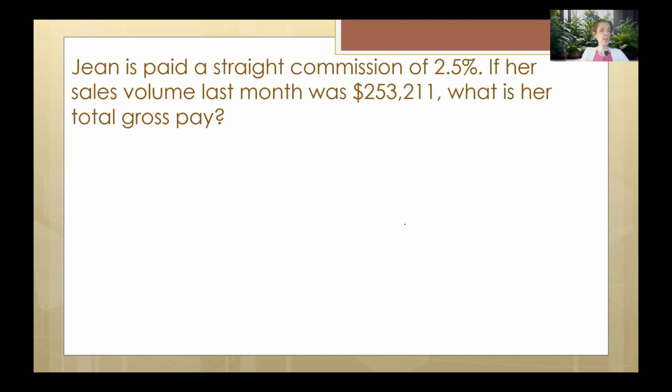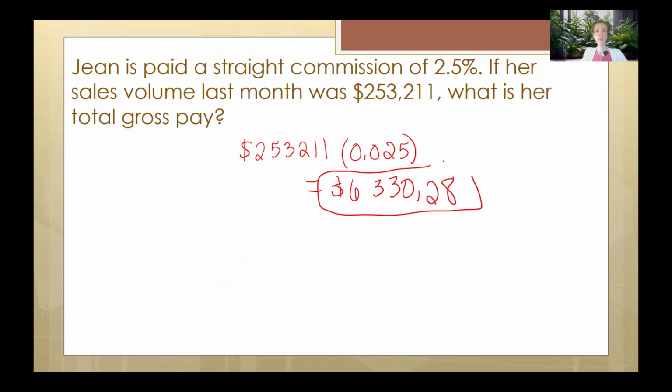We're going to take her sales volume, and then we are going to multiply it times 2.5% written as a decimal, right? So 0.025. And then we're just going to plug that into the calculator. And we get $6,330.28. Okay.